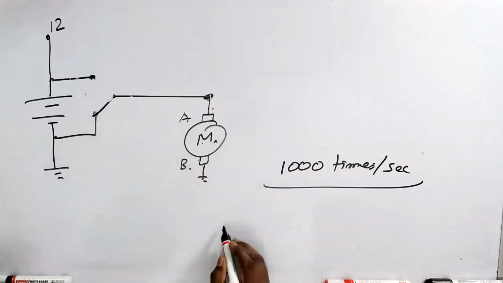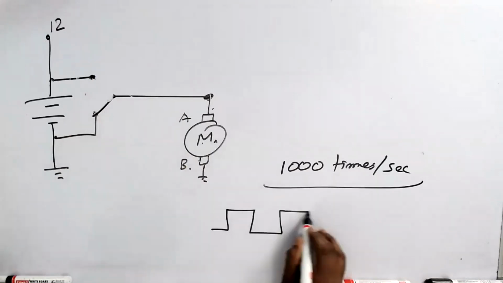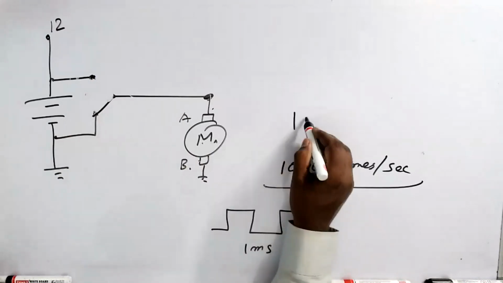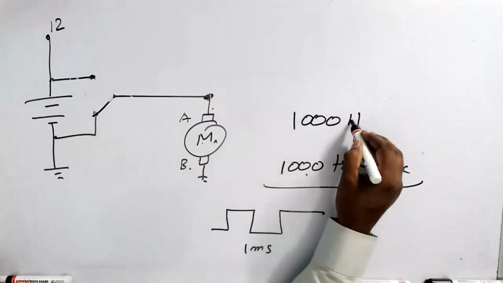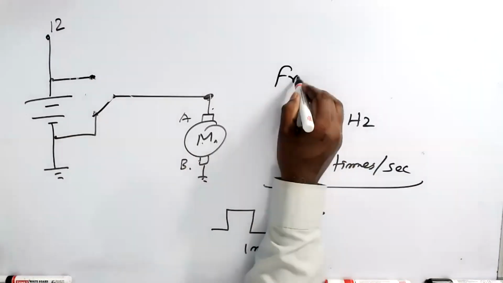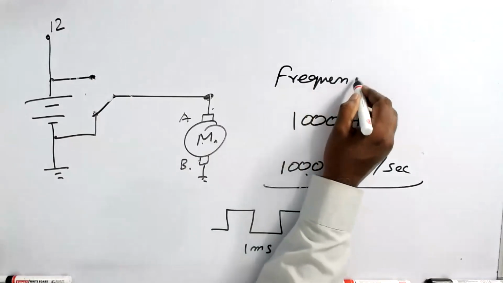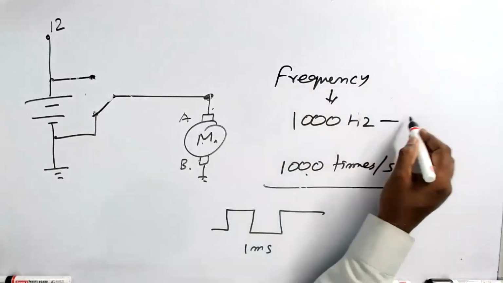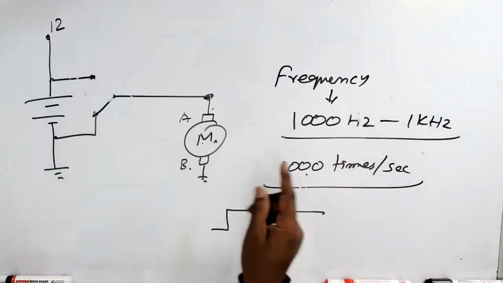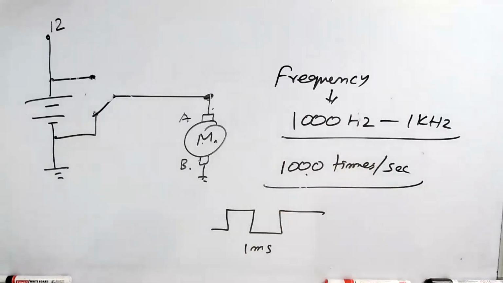We discussed that one on-off cycle will take about 1 millisecond. 1000 times means 1000 hertz. This is what we call frequency, or 1 kilohertz. That's what we discussed last class. At this frequency, you switch on and off every 1 millisecond.